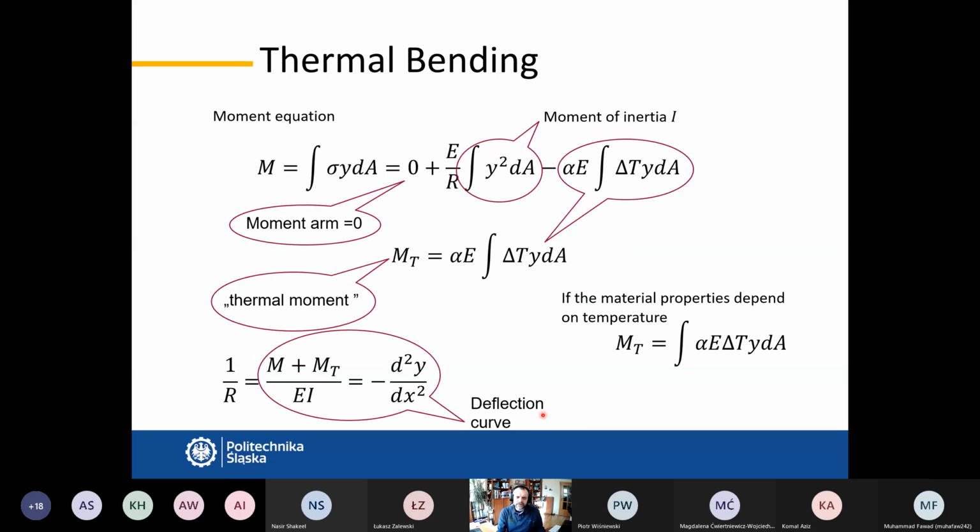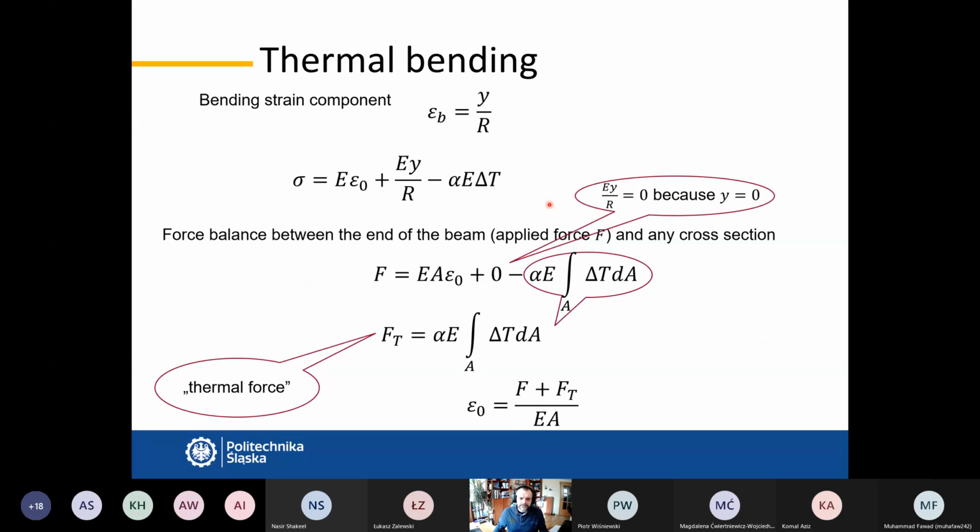Now we have several components in the moment. If we calculate the moment with respect to the central line, the neutral axis, we have sigma y. Sigma dA was a force. Now we have sigma dA as a total force times the distance y from the neutral axis. And of course, this moment has to be 0.